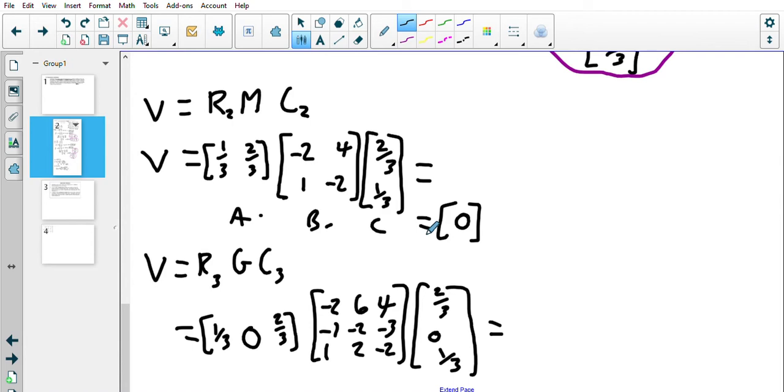And I'll change matrix C to be a 3x1 matrix with entries 2/3, 0, and 1/3. And if I've saved those matrices, our new A, our new B, and our new C, if I multiply those, I should get the same result of 0. So let's see if that happens. A times B times C is 0.